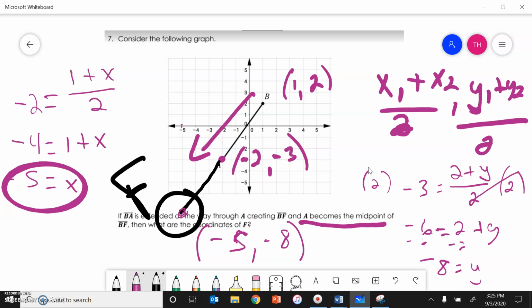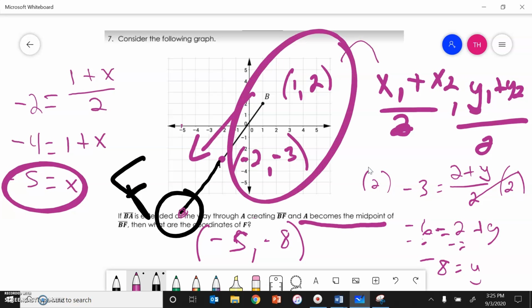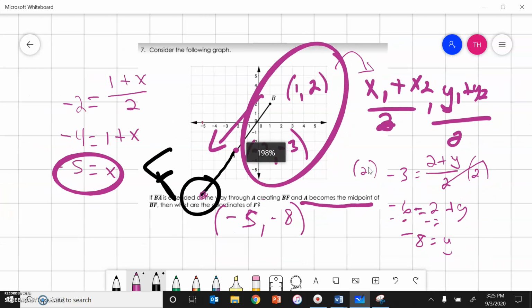That's where point F is. That's what we would do to find the missing endpoint when you are given the midpoint. If they just give you 2 points and ask you to find the midpoint of segment AB, you would use these 2 points with this formula to come up with the answer.